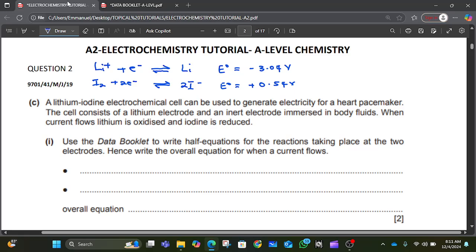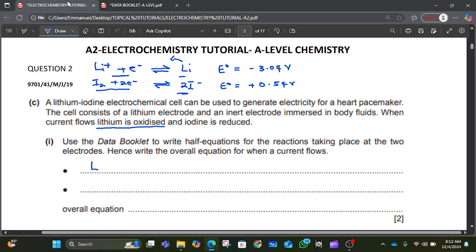So the lithium plus is gaining electron in this case, and then the I2 is also gaining electron to undergo reduction. And from the question, we can see that they say lithium is oxidized. And so if you are supposed to write the half cell equation for this, it means that we have to reverse this lithium equation.